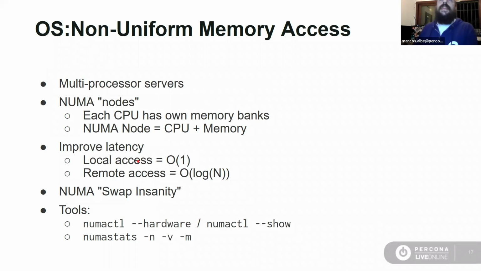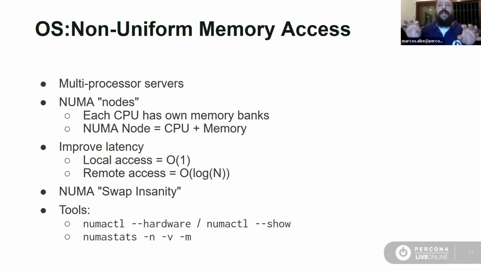So then NUMA, also something that came as we added more CPUs to our computers. The classic uniform memory access pattern had a logarithmic performance degradation. So the more concurrency you had, the more performance degraded. And NUMA split the memory access into multiple banks.